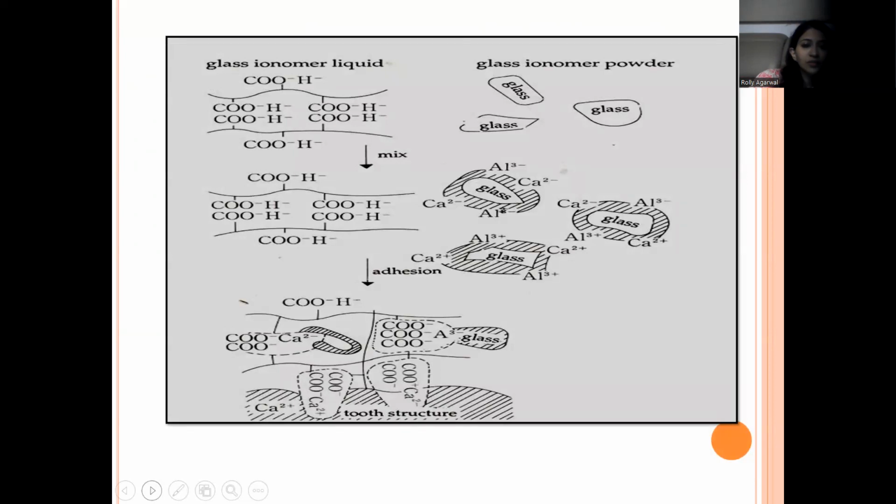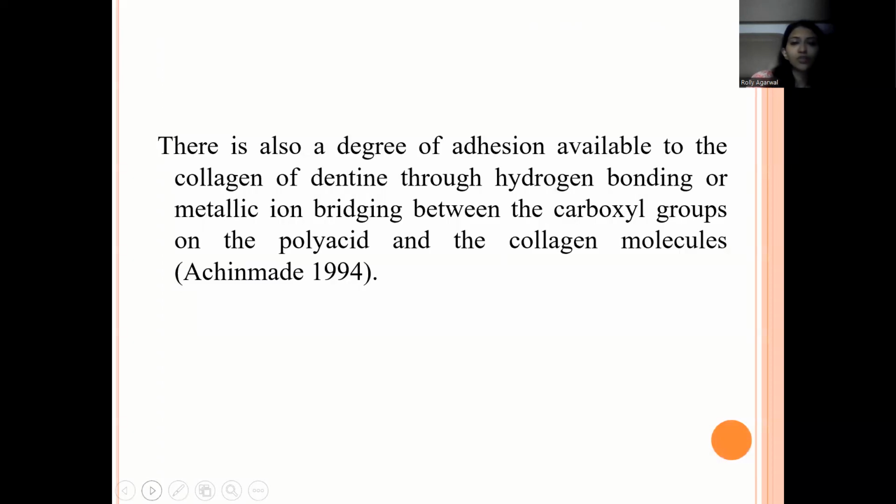So there's always an interdiffusion zone, or the ion enrichment zone, where the exchange between the glass ionomer cement powder and the tooth structure is taking place. The bonding is through the formation of cross-links with these calcium and aluminum ions along with the COO groups of the tooth structure.